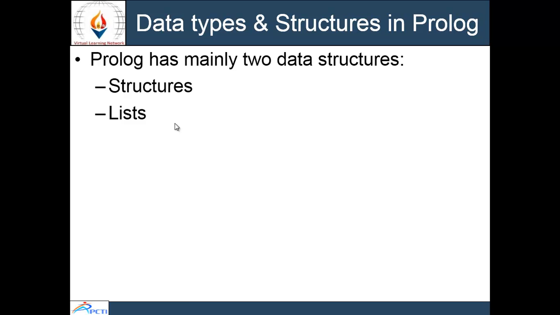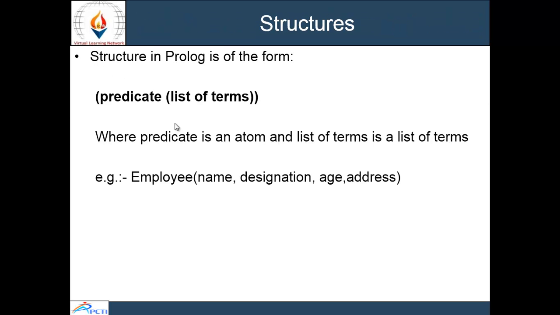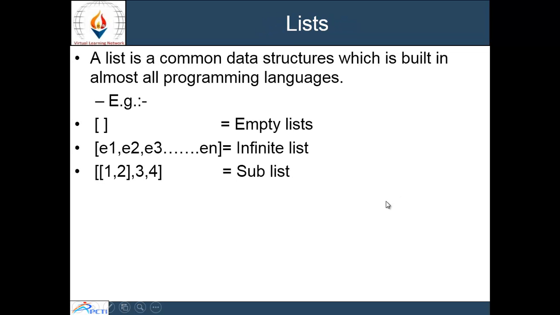Now, what are the various data types and structures available in Prolog? Prolog has mainly two data structures, that is structures and lists. First of all, a structure in Prolog is of the following form, that is predicate and list of terms, where the predicate is an atom and the list of terms is a list of terms. For example, employee is a predicate and name, designation, age and address is the list of terms of that particular predicate.